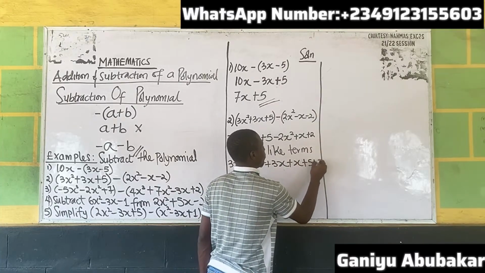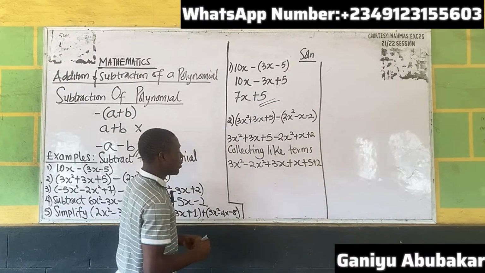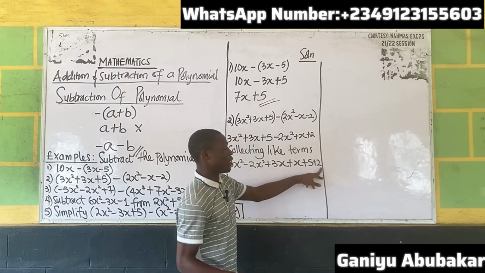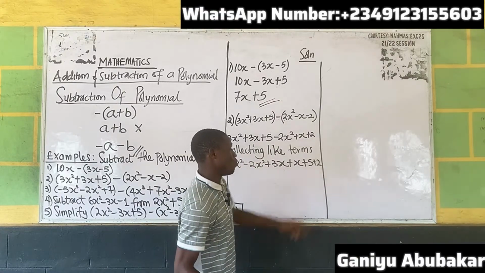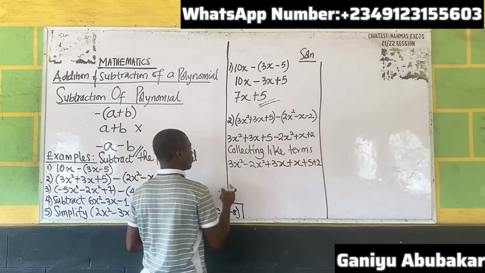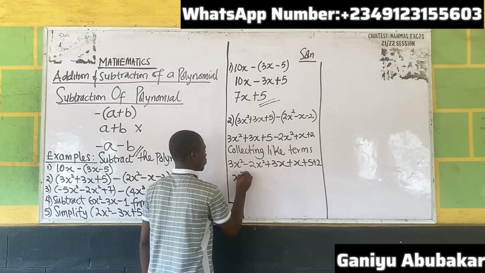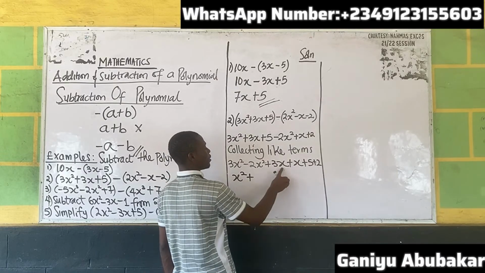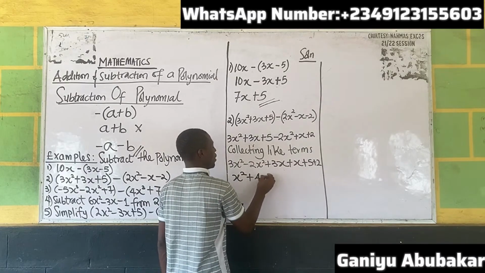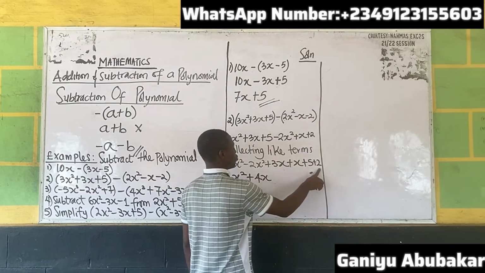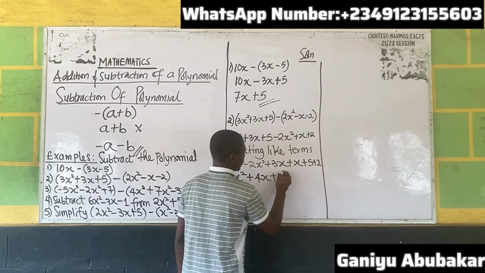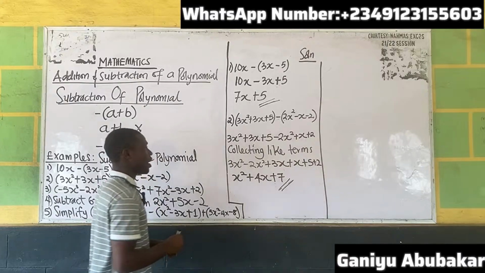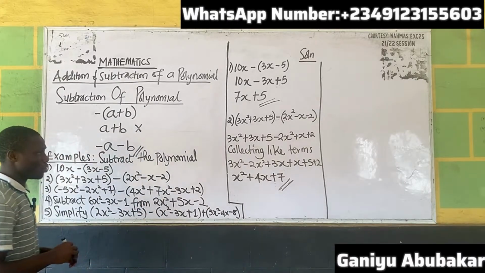So I pick x squared together, x together, and the constant terms together. 3x squared minus 2x squared gives you x squared, plus 3x plus x gives you 4x, plus 5 plus 2 gives you plus 7. This becomes the final answer to this particular question 2.